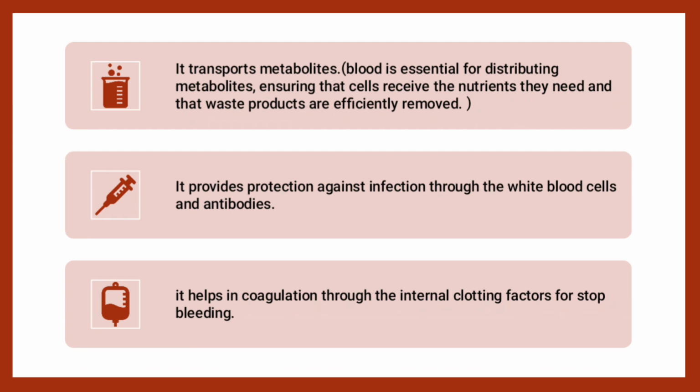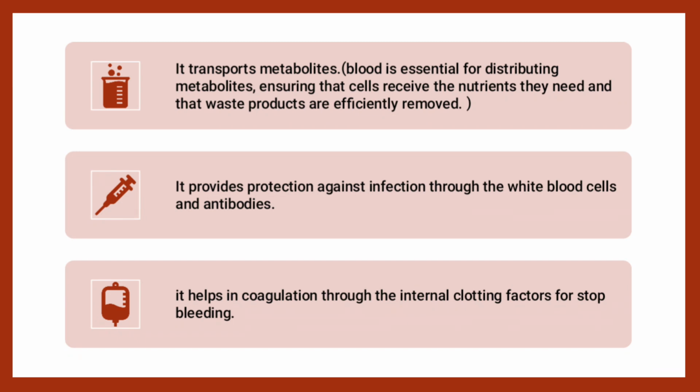It provides protection against infection through the white blood cells and antibodies, because white blood cells contain formed elements like eosinophil, neutrophil and basophil. They have their own basic function to perform, and the WBCs are very important for immunity and the defense mechanism.